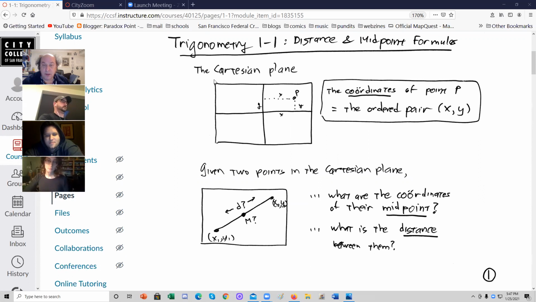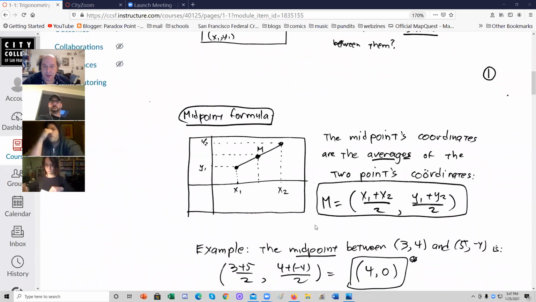Okay, so given 2 points in the Cartesian plane with coordinates x1 by y1 and x2 by y2, 2 questions are: 1, what is the distance between the points? And 2, what are the coordinates of their midpoint, M? Midpoint formula is really pretty simple. Given 2 points in the plane, this point is at x1 by y1, this point is at x2 by y2.